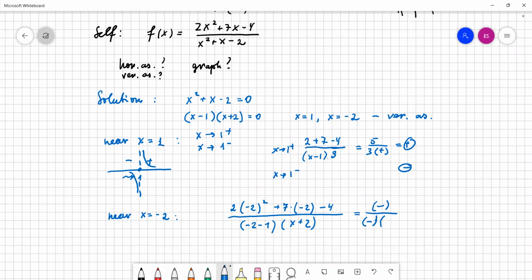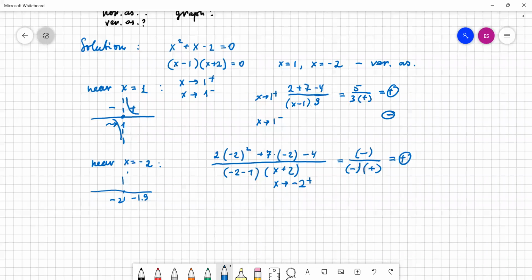What I have over here, if x approaches minus 2 on the right, on the right is like negative 1.9. Negative 1.9 is going to give me plus. Minus, minus, plus is plus. So I'm going to have something like this.